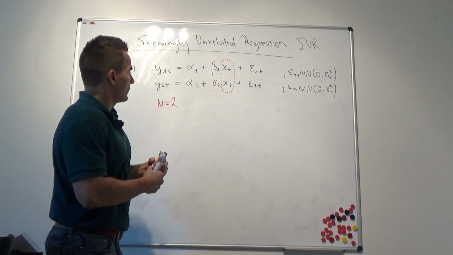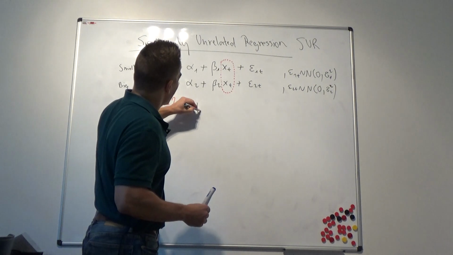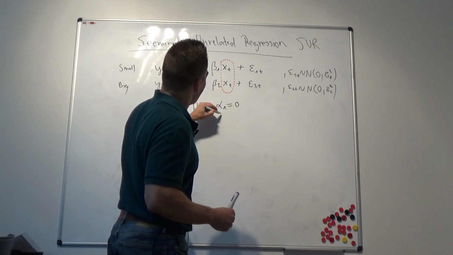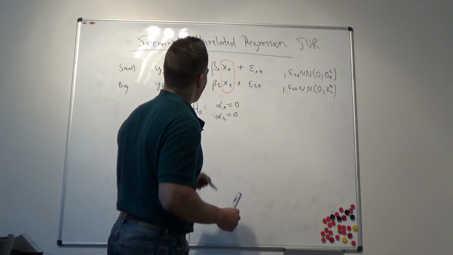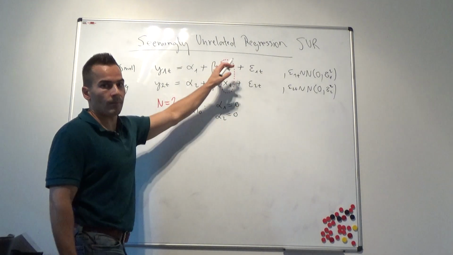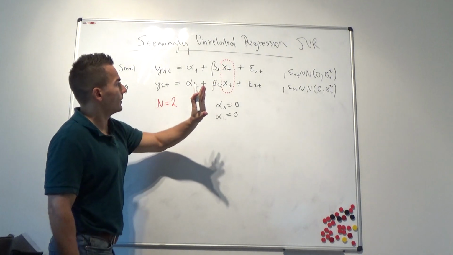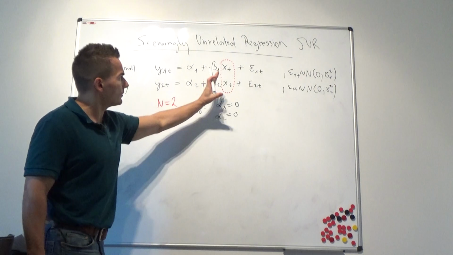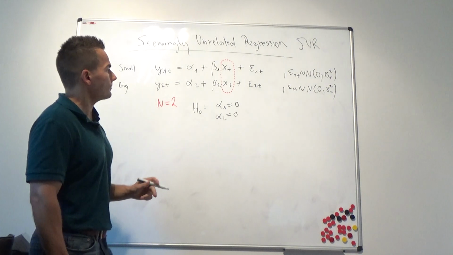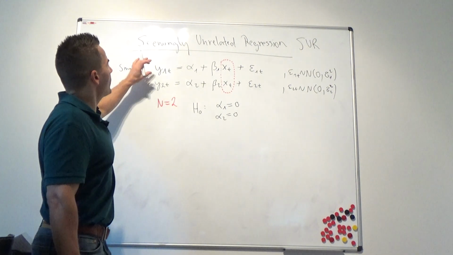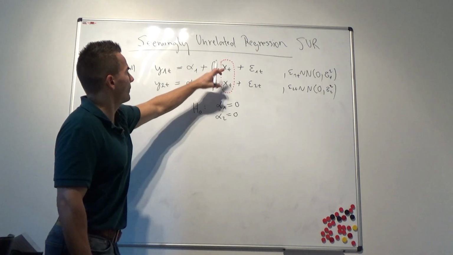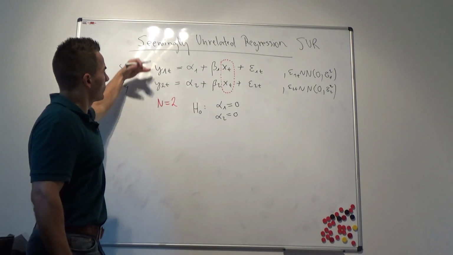So our null hypothesis: under the null hypothesis, we want to know if alpha 1 is 0 and alpha 2 is 0. So under the null hypothesis, we assume that our model here, in this case the CAPM, is able to price our test assets correctly. If this is the case, obviously these alphas should be 0, because the exposure against the market factor fully explains the return evolutions of our assets.